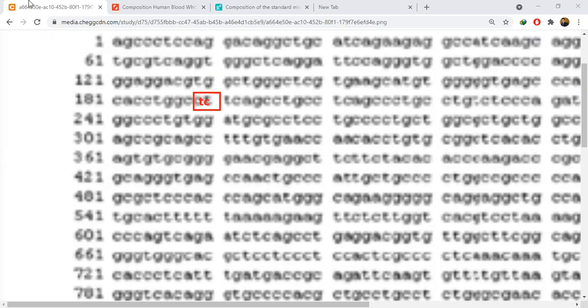Right? So due to mutation, the characters will change.